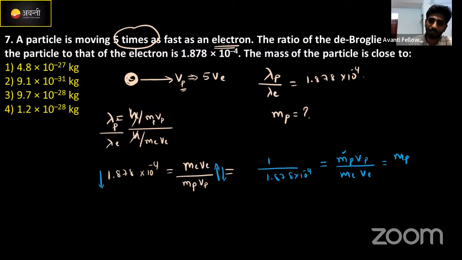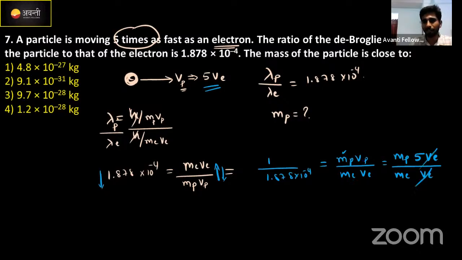Note down that one here, 5 times the velocity of electron. Divided by mass of electron into velocity of electron v, correct ना. ve से ve कट गया, close इसका chapter.